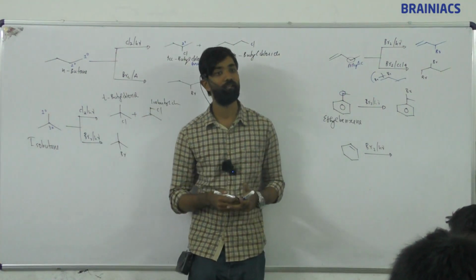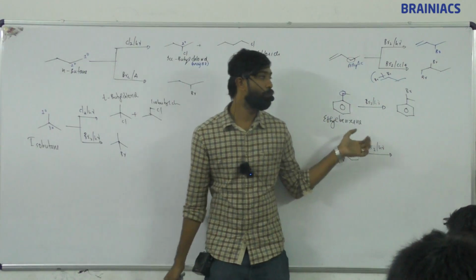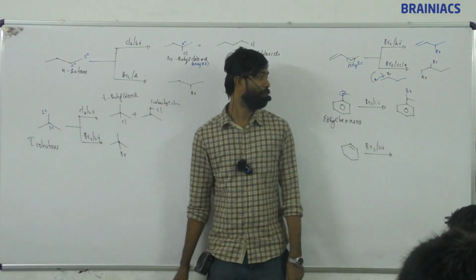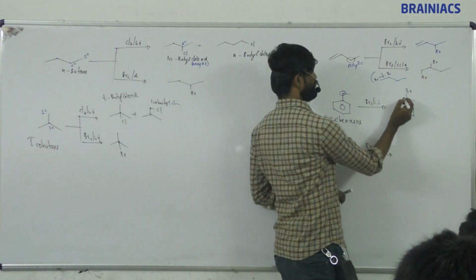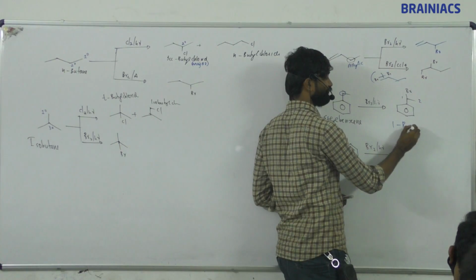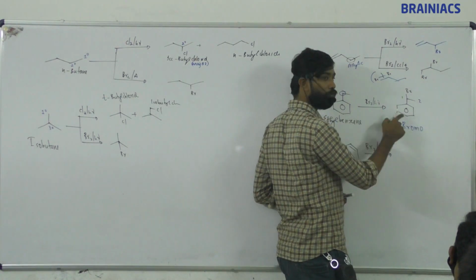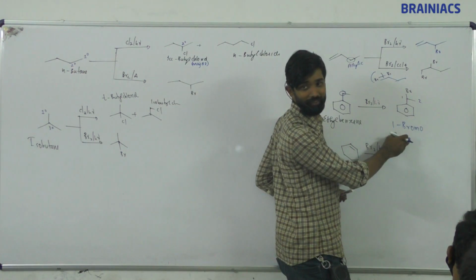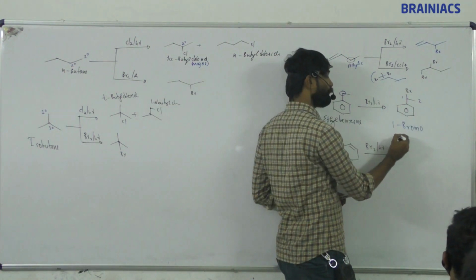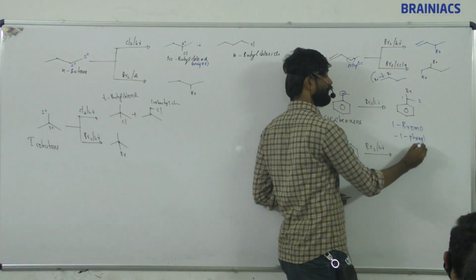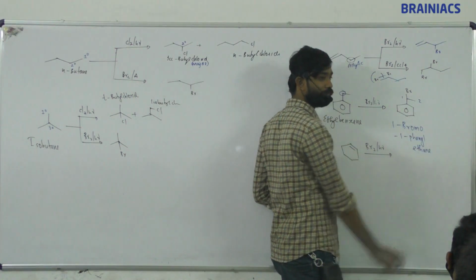A question like that is the same: bromination of ethylbenzene. Choices are: first of all, you have to know the name of this compound. 1-bromo-1-phenylethane.